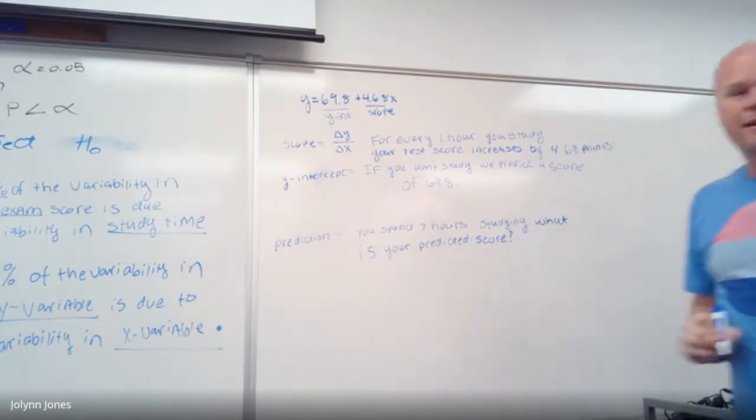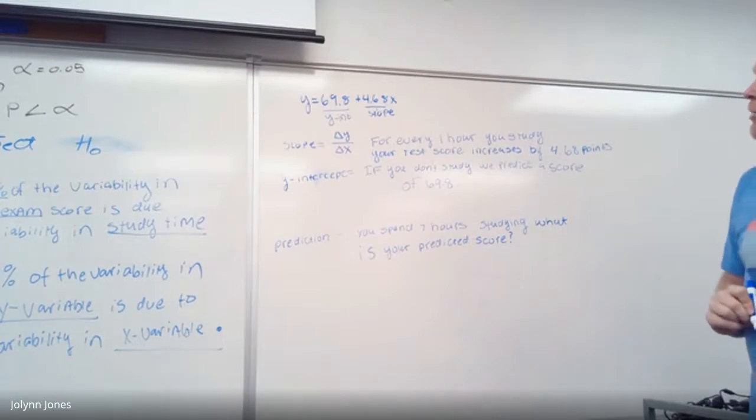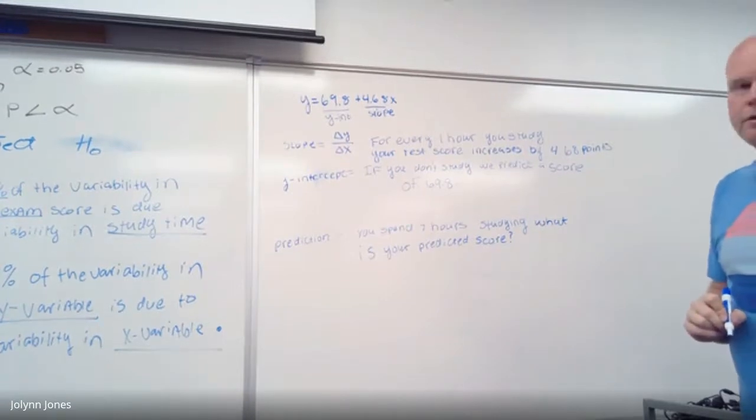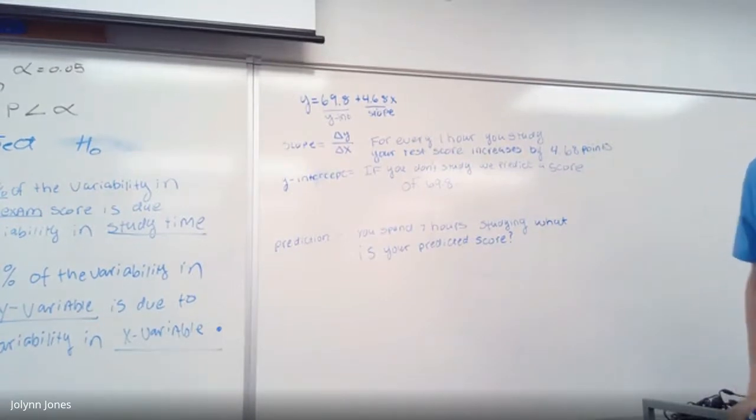Okay, so how do we go about making that prediction? What would we do with that 7? Type it in the text box. Kyler says plug it in. Plug it in where? In the X. Yep, substitute that in the X.